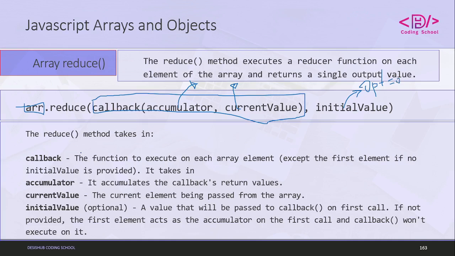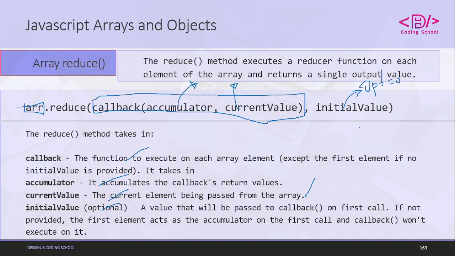So the reduce function takes in the callback function, which takes in the accumulator and the current value. The accumulator is the callback's return value, and the current value is the element being passed from the array. The initial value, which is optional, is a value that will be passed to the callback function on the first call.